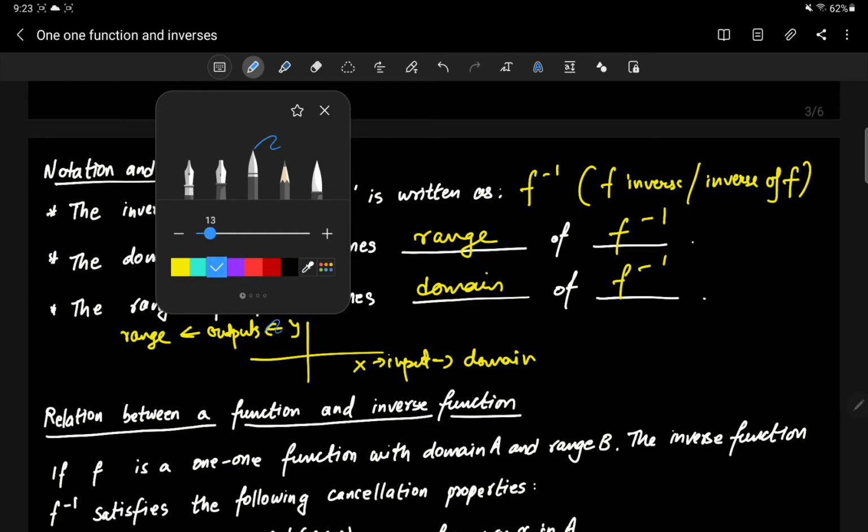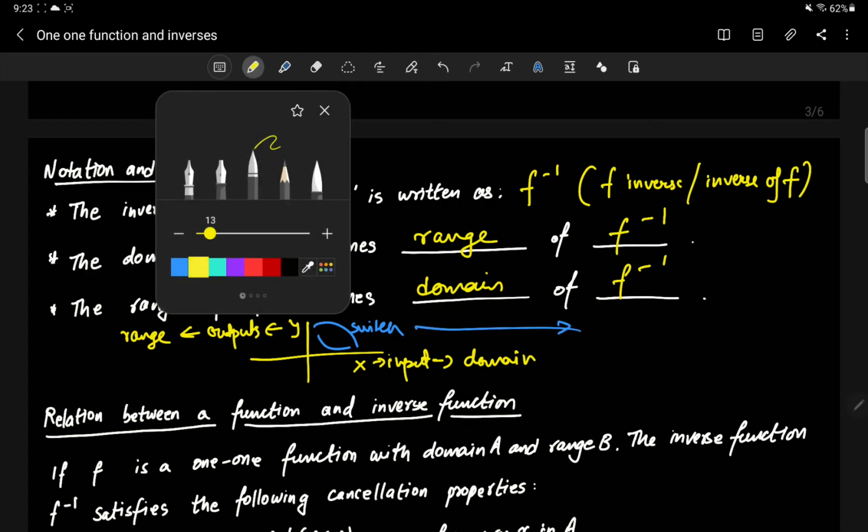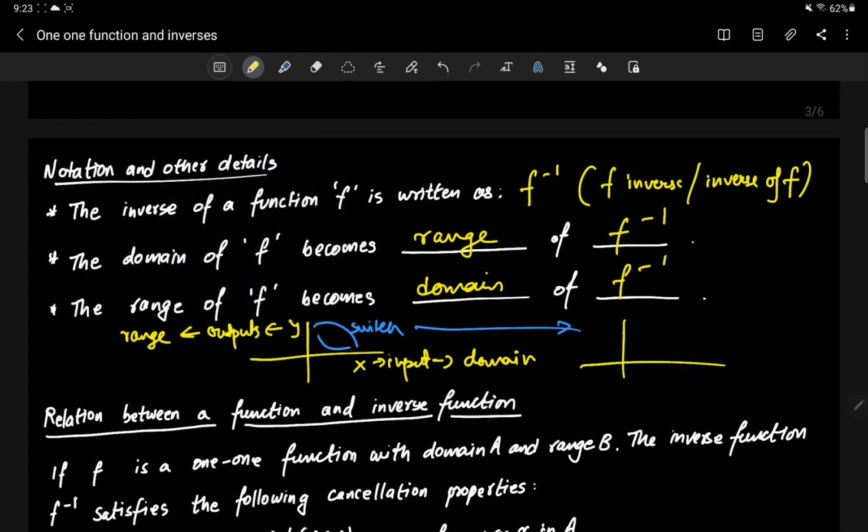So if I switch them, I'm basically saying that my domain now is here and my range is here. What was my domain became the range, and what was my range became the domain.